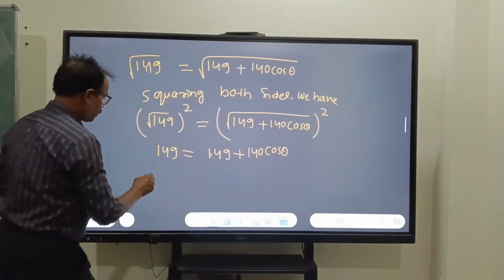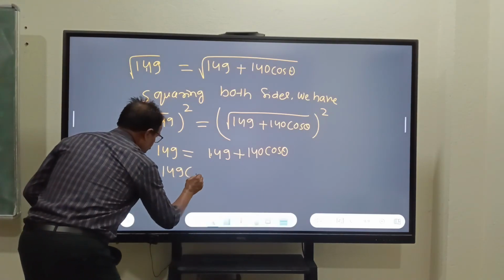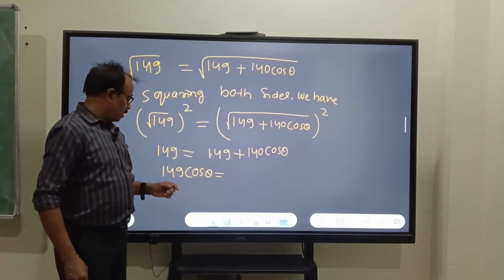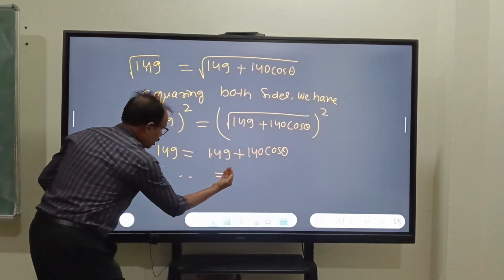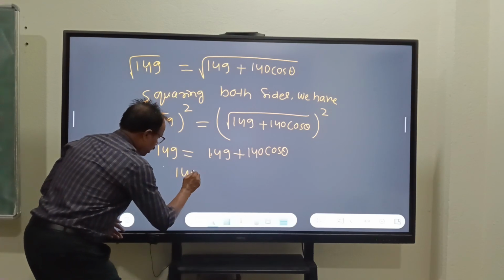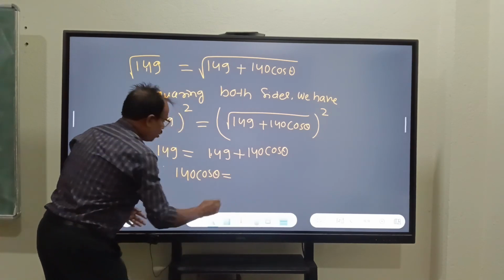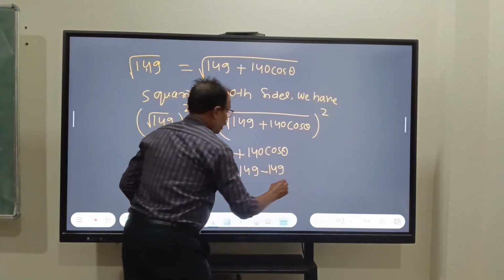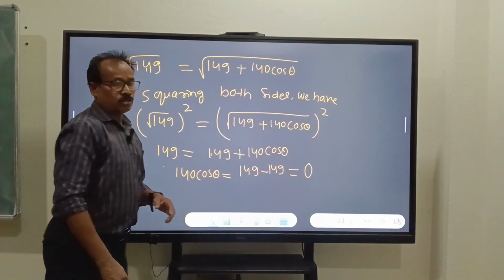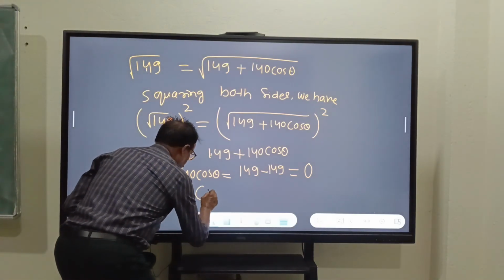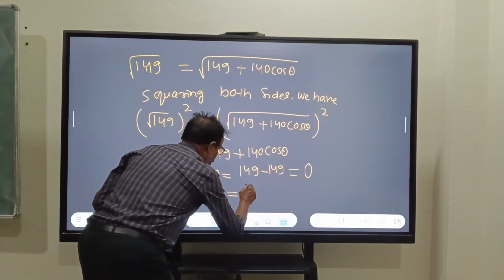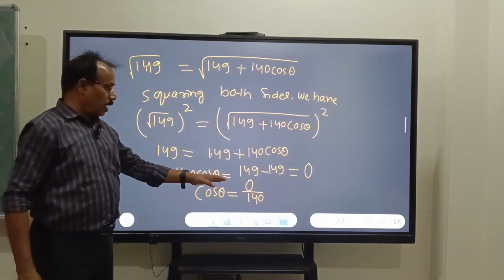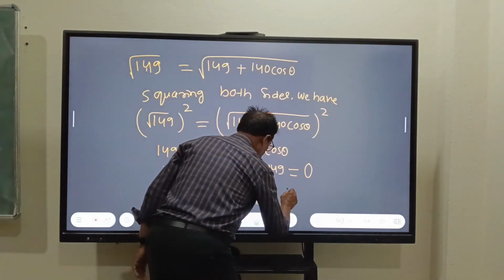Then 140 cos theta is equal to 149 minus 149, which is equal to 0. Therefore, cos theta is equal to 0 by 140, which is equal to 0.